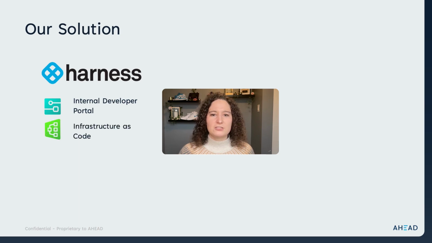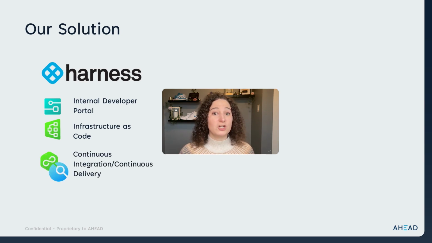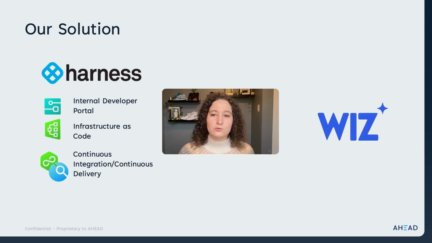The Infrastructure as Code, or IAC, module, which ensures consistency, repeatability, and scalability across cloud environments. CICD pipelines, which automate the entire build, test, and deployment process, accelerating time to market. And security scanning with Wiz, which delivers deep visibility into risks by scanning infrastructure as code, container images, and repositories to detect vulnerabilities before code reaches production.